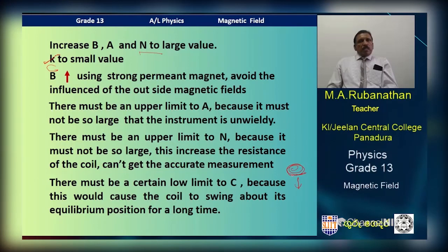Otherwise, when this coil swings from one side to the other side, and again when we use it, the spring may break. That also happens. If C is very weak, the coil takes a long time to come to equilibrium. So we can't reduce C beyond a certain limit.